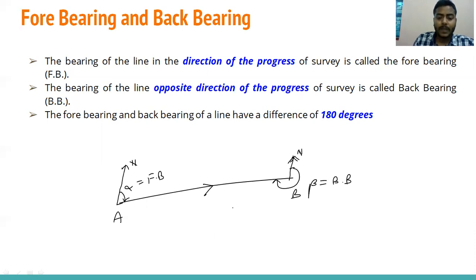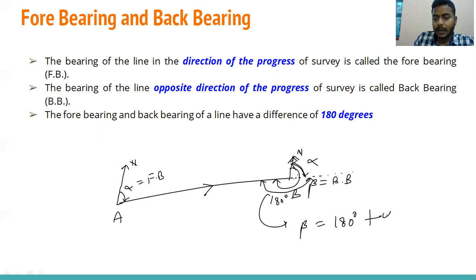Okay, your point? Okay. Now just extend this line AB. So what will be this value? Due to geometry, we can say this will be alpha. The angle which is made on a line will be 180 degree. Now we can say beta will be equal to 180 degree plus alpha.